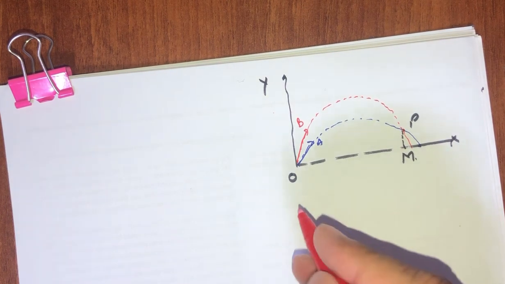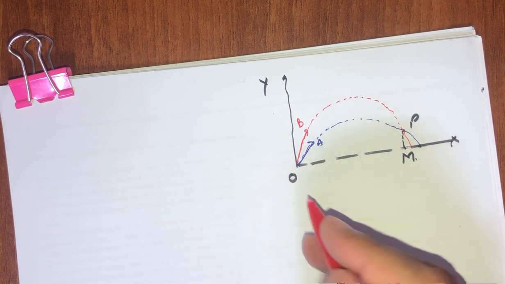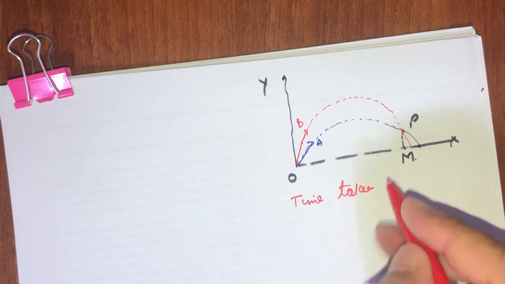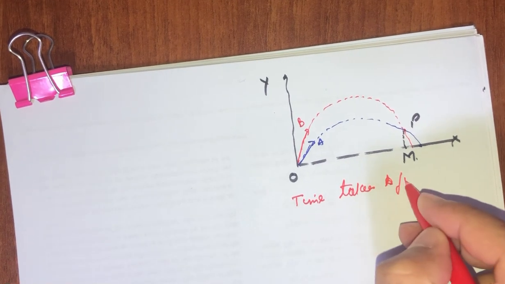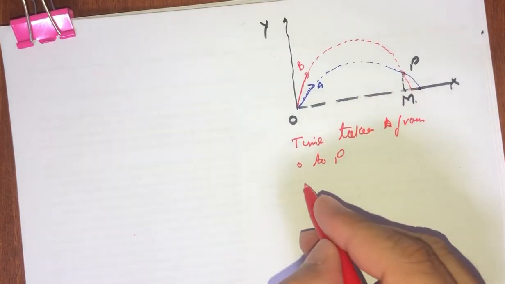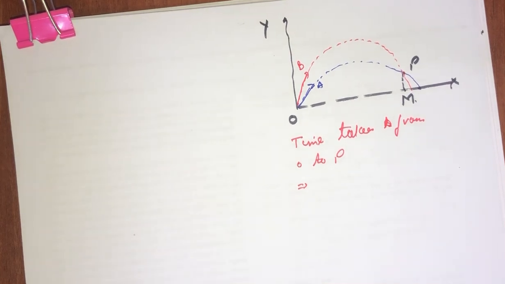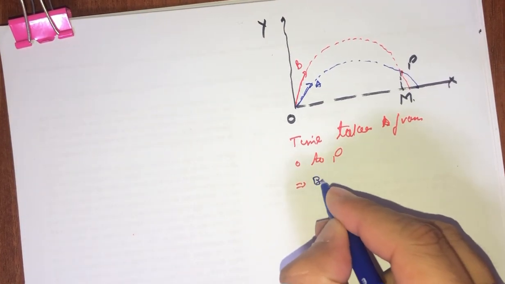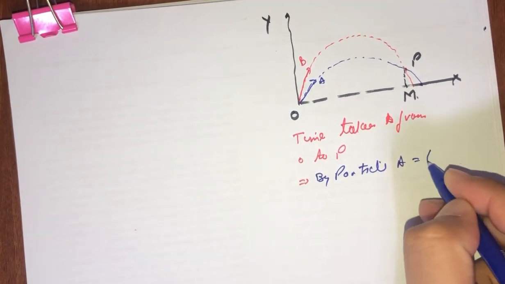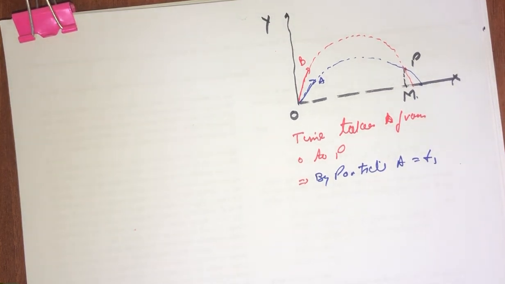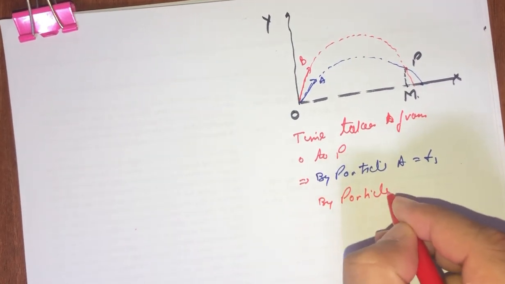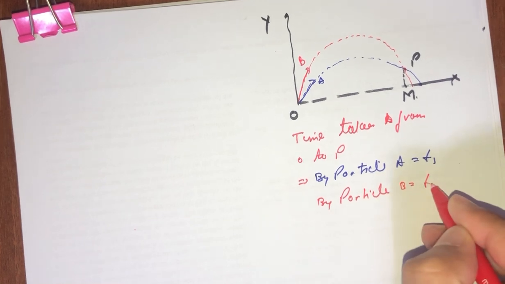Let us suppose the time taken from O to P by particle A is t1, and by particle B is t2.